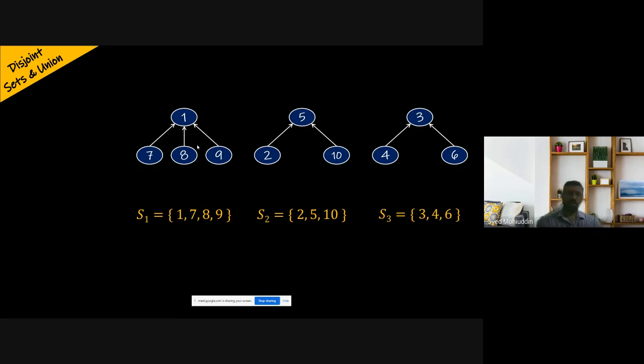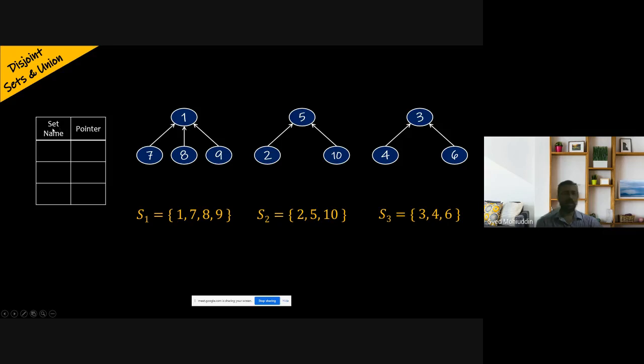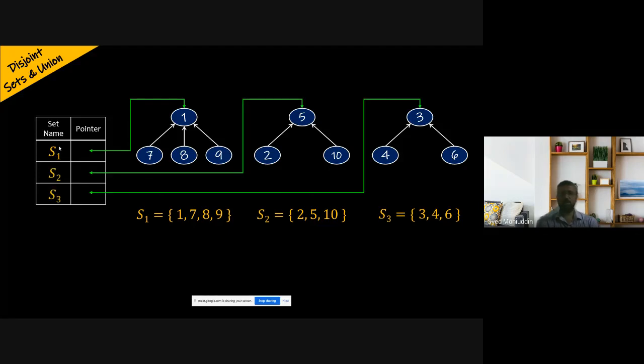Why? Because we can maintain a table when we write a program. That table can contain the set name. So instead of calling the first tree S1 and the second S2, we can maintain a table. We can have set S1 with a pointer to the root of S1, then S2 with a pointer to the root of S2, as well as S3 with a pointer to the root of the elements of S3.